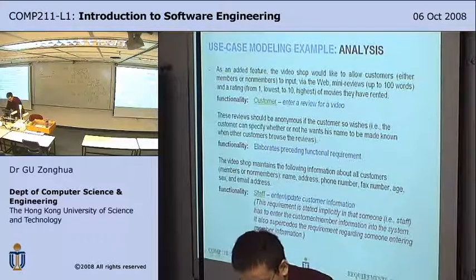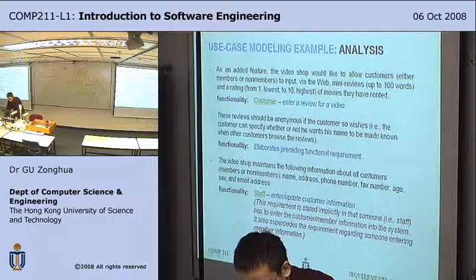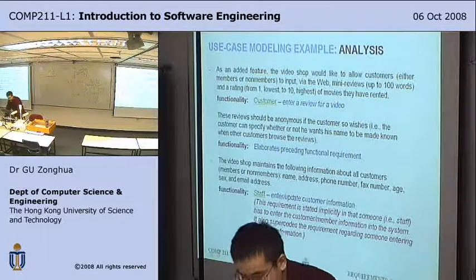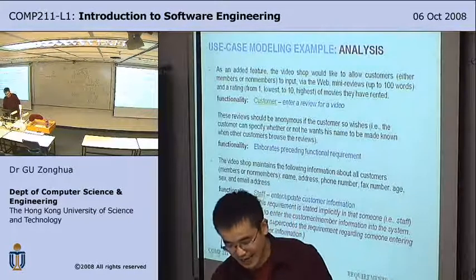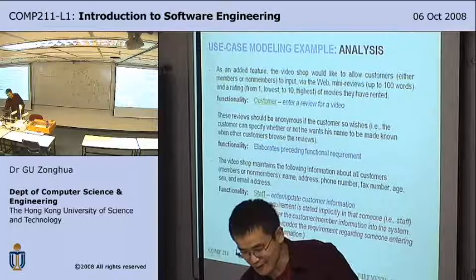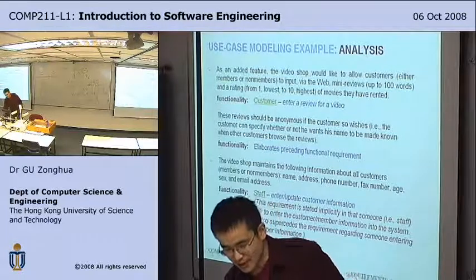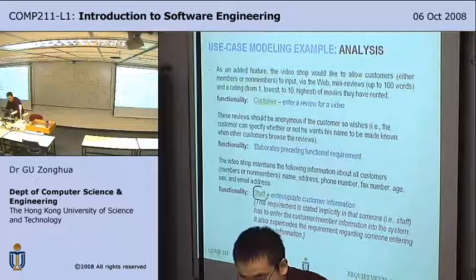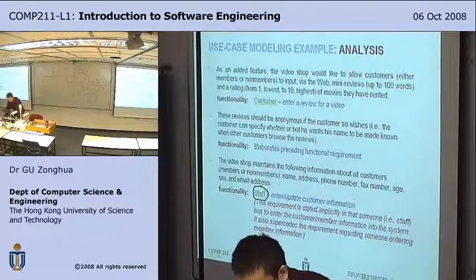Video shop maintains the following information. So this is the staff enters or updates customer information. So the requirement is stated implicitly that someone has to enter the customer member information into the system. Someone here is not explicit. You should infer that it is staff from domain knowledge or from common sense.